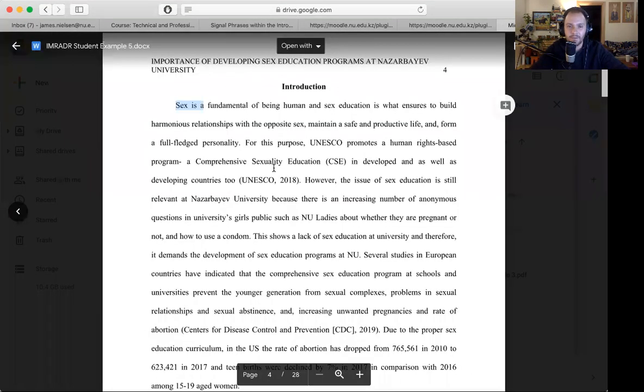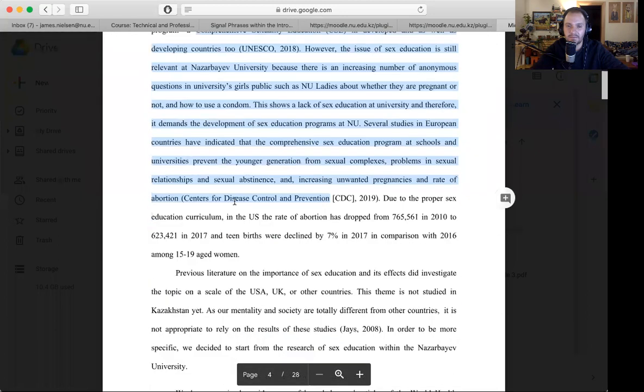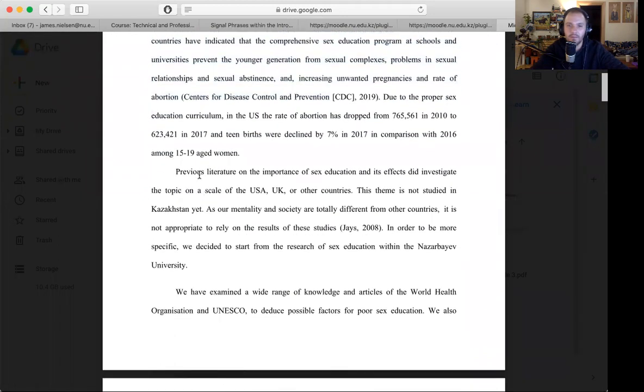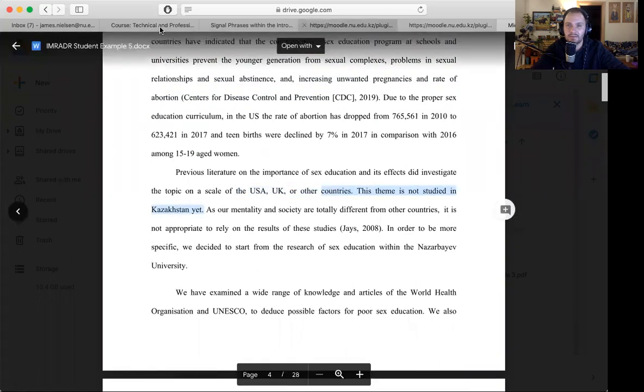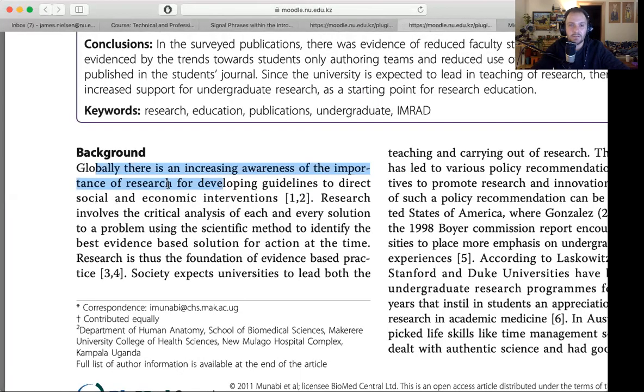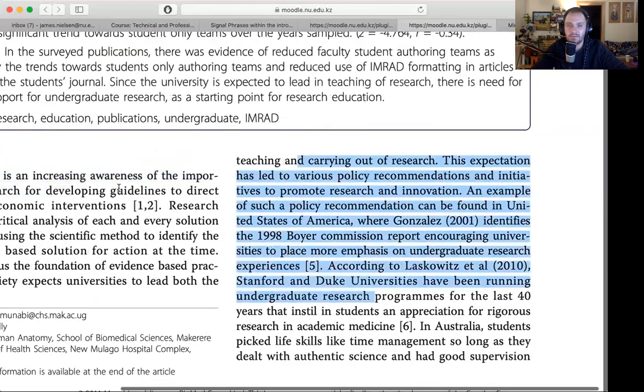All right. So this is all of their information to let us know that it is in fact a problem. They say previous literature on the importance of sex education and its effects did investigate the topic in these countries, but it's not studied in Kazakhstan, right? And so there's an unknown there. Here we have a lot of background information to let us know all this information.